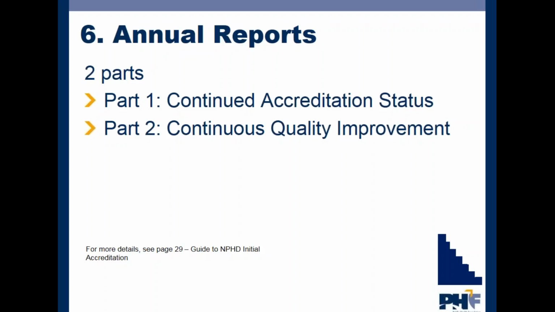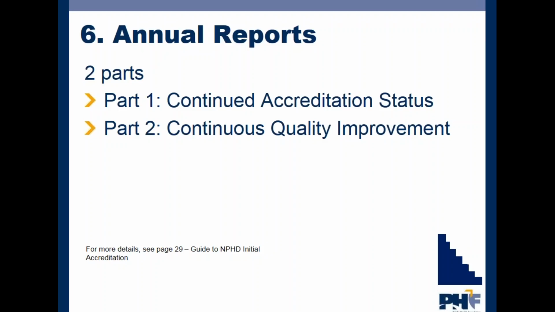So in part two, the health department talks about their quality improvement and performance work. They give a couple of examples of quality initiatives or performance initiatives that they have done in the past year. And this section is reviewed by PHAB's Evaluation and Quality Improvement Committee.